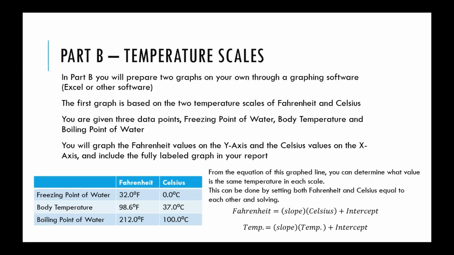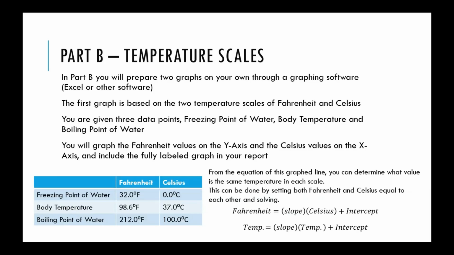In Part B of the experiment, you're looking at the comparison of different temperature scales. In particular, you're comparing the Fahrenheit temperature scale with the Celsius temperature scale, and looking to see what is the relationship between these two temperature scales. You're going to determine the equation of the line that relates these two temperature scales, and you're doing that by graphing 3 points.